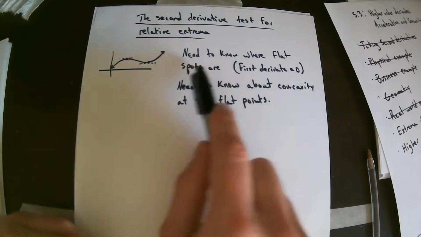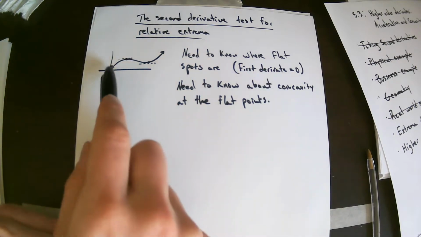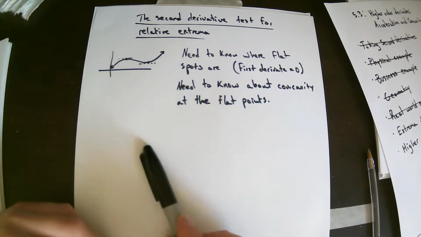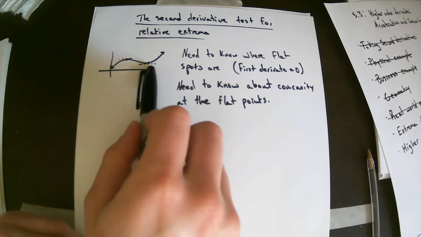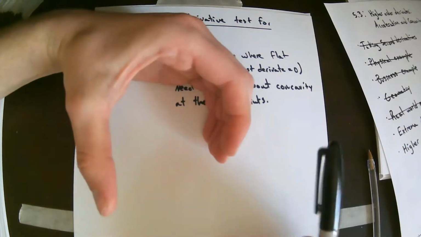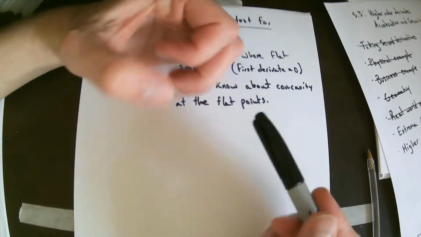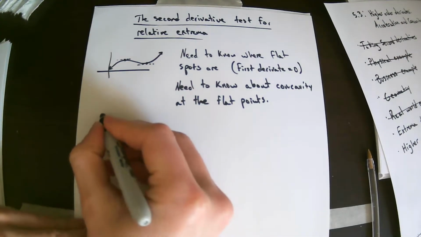So the first derivative tells you where they're flat, but it doesn't tell you if they're max or min. But if you know about the concavity at those points, right, if it's concave down, then that flat spot has to be a maximum, right?